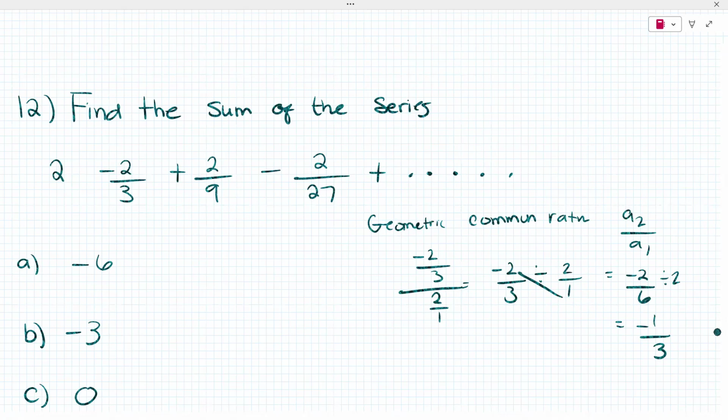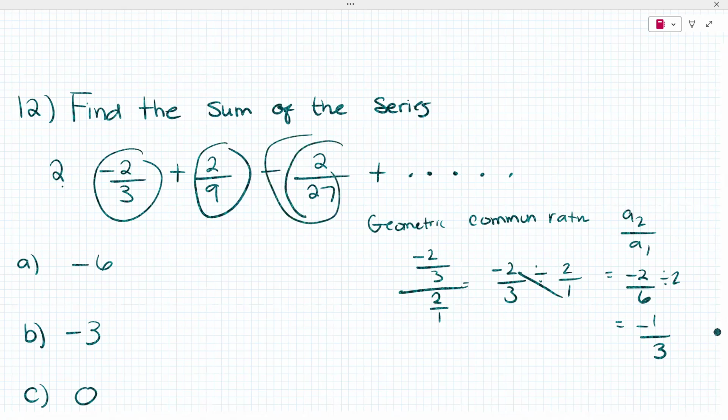This is how I know it's geometric: if you multiply two by negative one third, you get negative two thirds. Then negative two thirds times negative one third gives you two ninths. And two ninths times negative one third is negative two twenty-sevenths. It has to be consistent, right? So this confirms that we have a geometric series and the common ratio is negative one third.